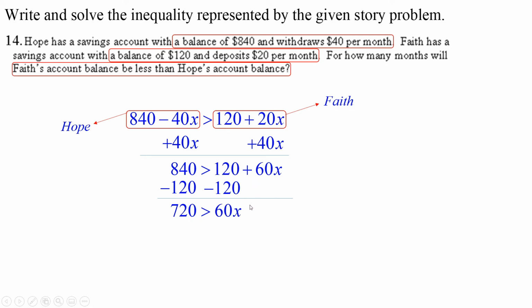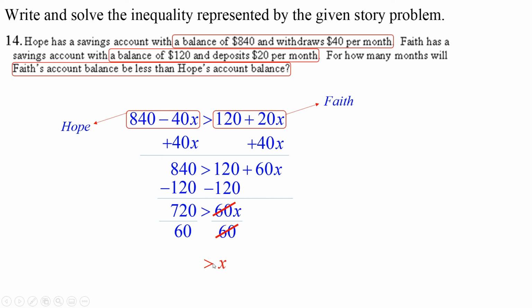And now we're going to divide both sides by the 60. Okay, so that will not affect my inequality. And 720 divided by 60, is that 12, you guys? I think it is. You can double check on your calculator. Okay, oh, looks like I'm going to simplify over here first. And on the right-hand side, the 60s cancel, leaving x.